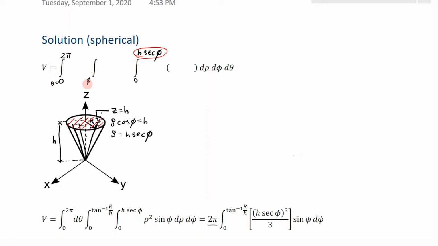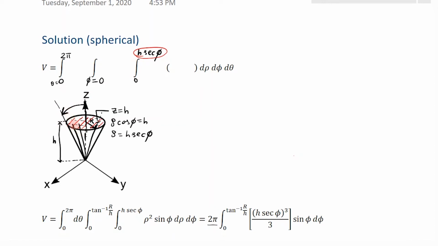For phi, we need to describe from this angle all the way to this angle. Let's find what it is. So this beginning is at 0 and the end is at what?